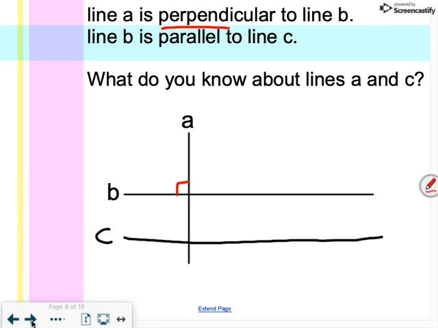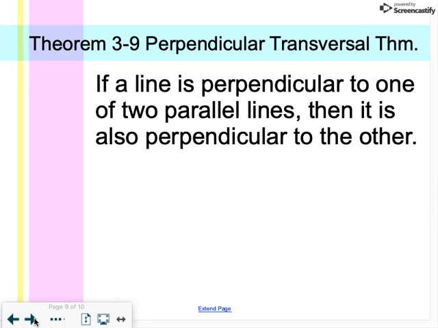And hopefully we think, if B is perpendicular to A, and then C is parallel to B, this angle is also going to be 90 degrees. That's what this theorem gets at: if a line is perpendicular to one of two parallel lines, it is perpendicular to the other one as well.